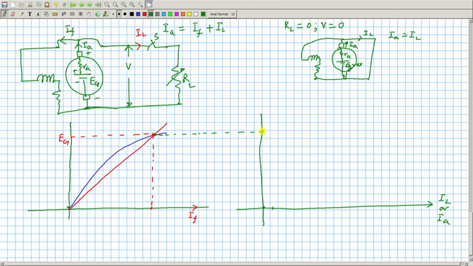See, this was my starting point when IL was 0, and I am decreasing RL in order to draw more and more power out of the generator. And if I go to the extent of short circuiting it, then the final operating point will be here. See, in the load characteristics, what I want to see is how terminal voltage changes as armature current or IL changes.